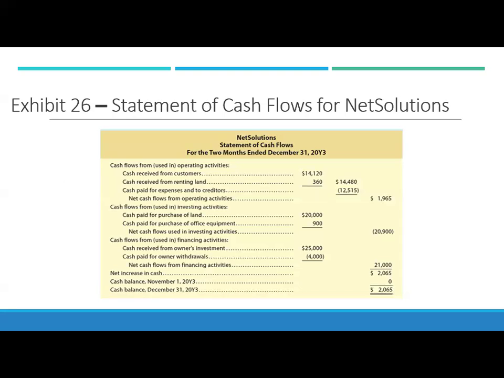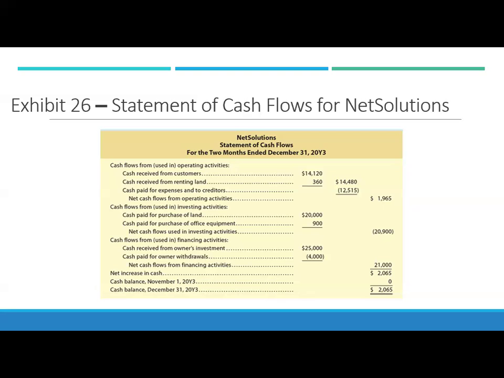And so in this example, we have cash received from customers. We have three types of activities: operating, investing, and financing activities. Our operating activities are cash received from customers and cash received from rent, and then cash paid for expenses and to creditors of 12,515.